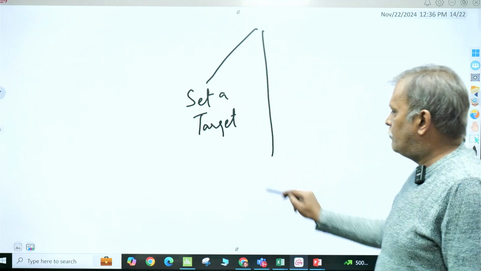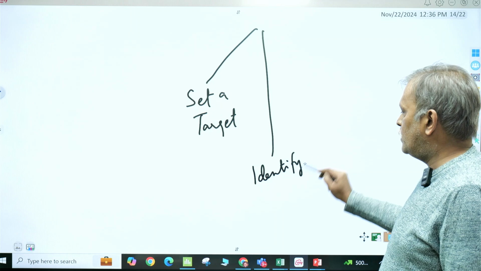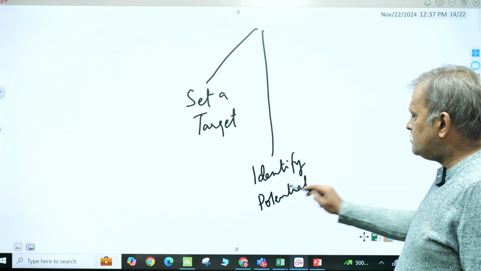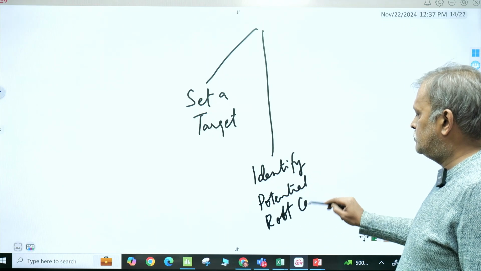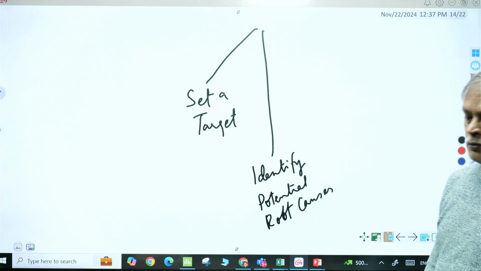Step four, identify potential root causes. Think about what may have gone wrong.